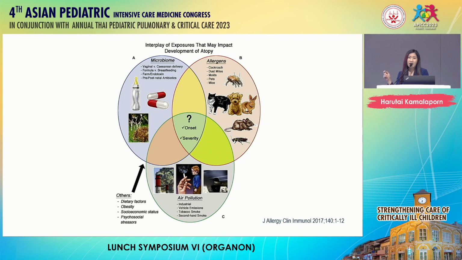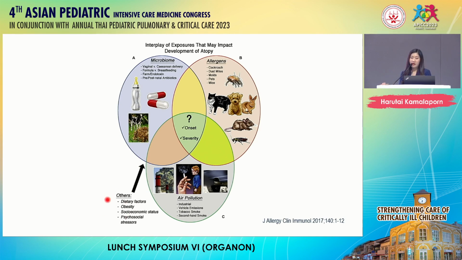Can I just ask the audience, is there any country that still has a very active problem with PM 2.5 or air pollution? May I just see your hand? Please raise up your hand, please. Oh, that's just the Thai audience, I think. Okay, so this is still a serious problem that can cause asthma. So if you would like to prevent asthma, you have to be concerned about these things.